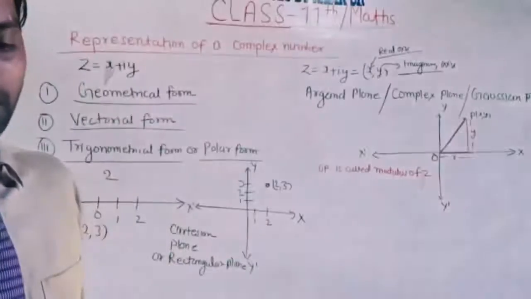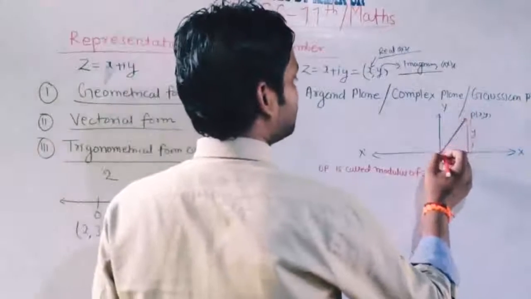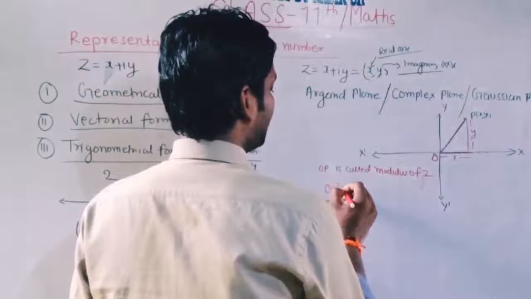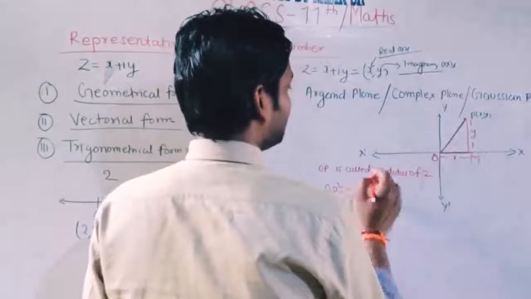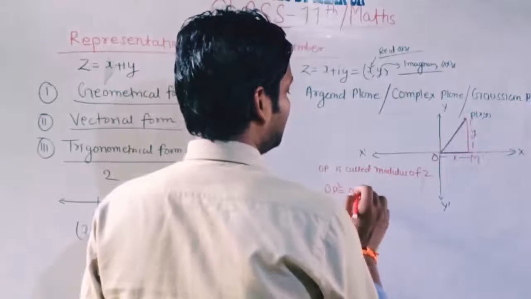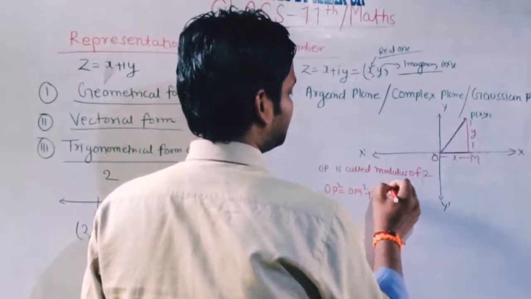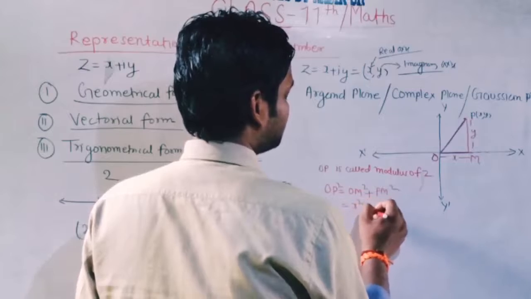Using the Pythagoras theorem, hypotenuse square equals base square plus perpendicular square: OP square equals OM square plus PM square, so this is x square plus y square.